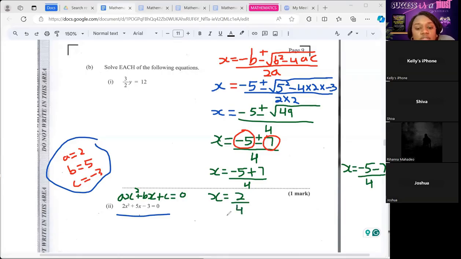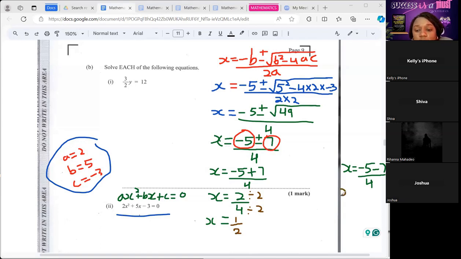Over 4, so if you simplify this one, 2 over 4 is a half. For those who are not sure how you went from 2 over 4 to a half, it's using divisibility. I know 2 can go into 2 and 4. 2 divided by 2 is 1. 4 divided by 2 is 2, so you get a half.